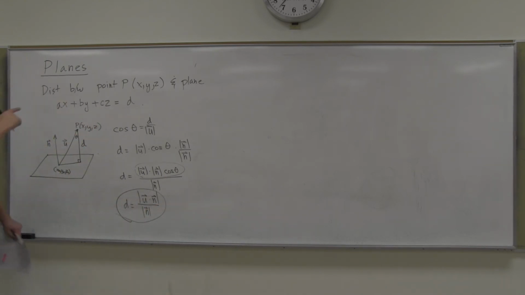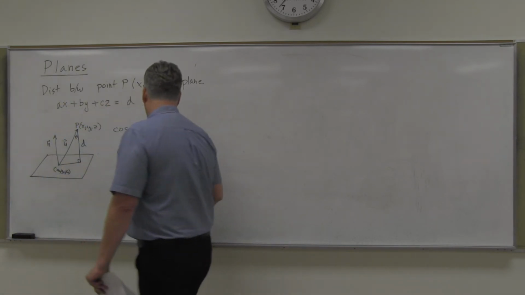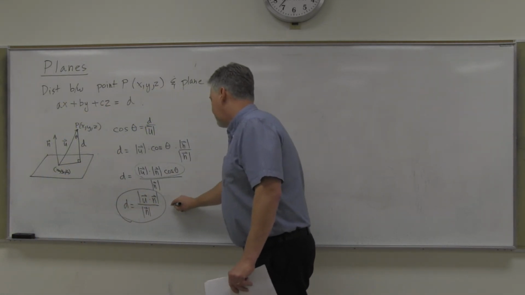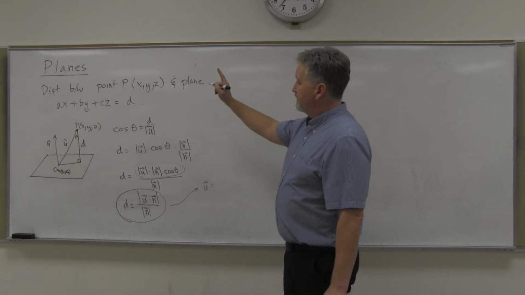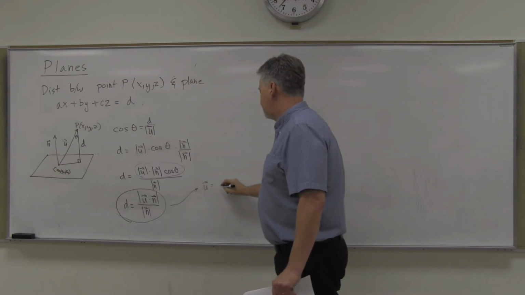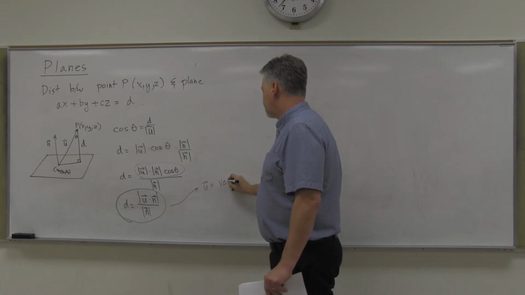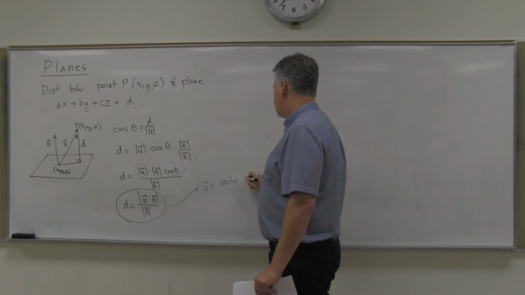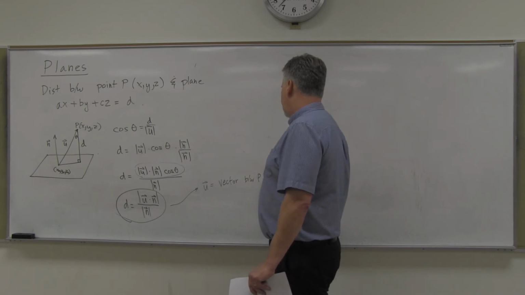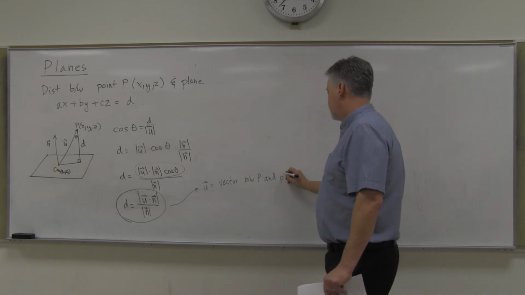So it turns out the distance between a point and a plane, what you do is you take the dot product of u, which, remember, is the vector between point P and a point in the plane.